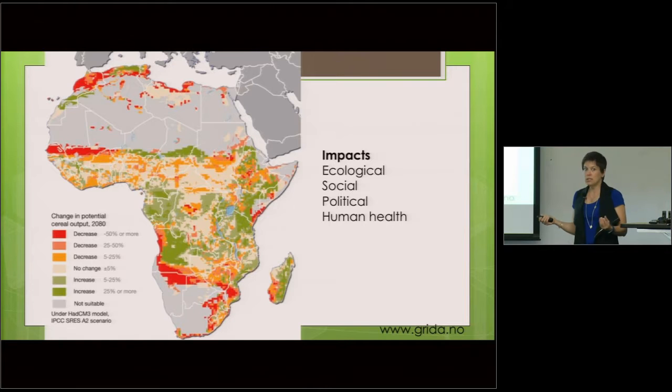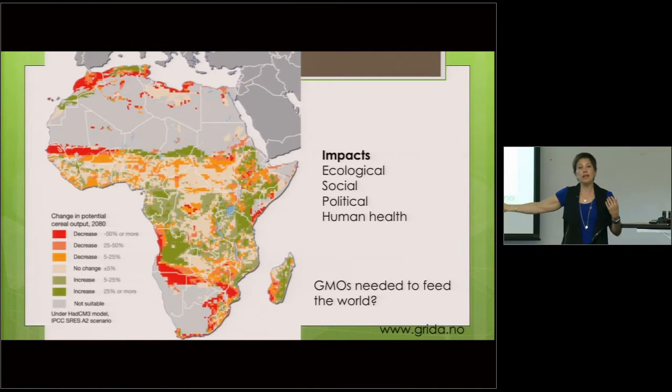So imagine not just the ecological impacts of shifting biomes, but the social and political and human health aspects of not producing enough food. So to segue into the last session in this course, GMOs.